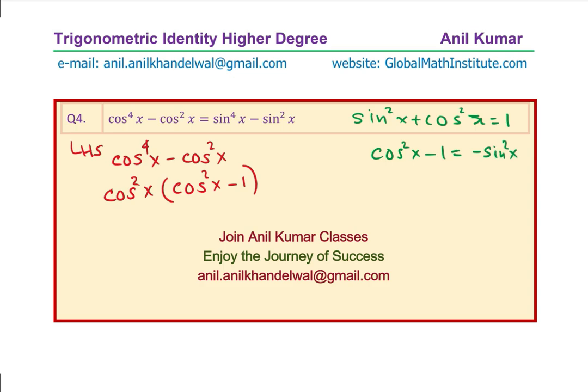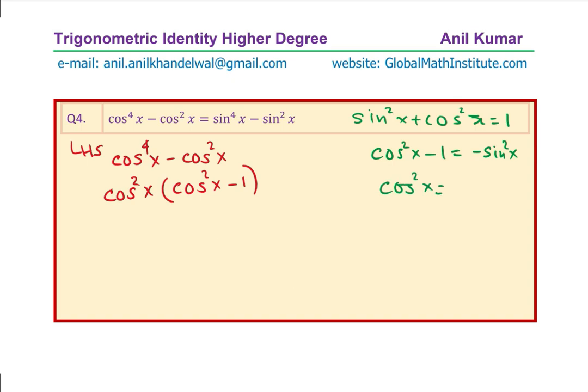That is one thing. And we could write cos square x as equal to 1 minus sine square x. So we can do both these substitutions here. So cos square x can be written as 1 minus sine square x, and cos square x minus 1 can be written as minus sine square x.